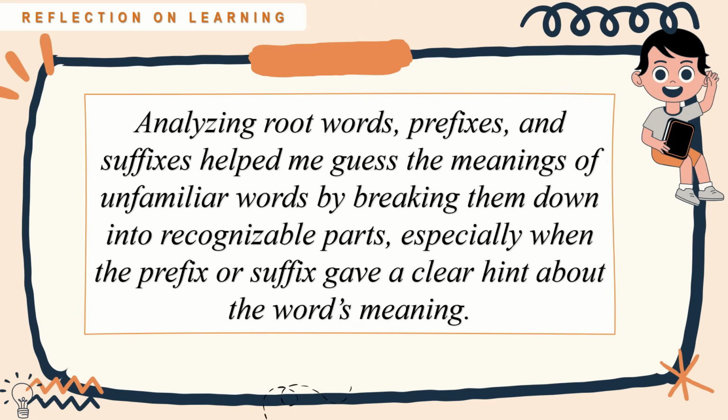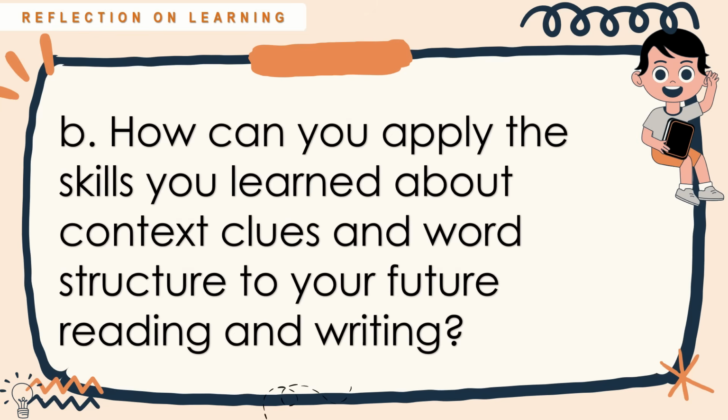Analyzing root words, prefixes, and suffixes helped me guess the meanings of unfamiliar words by breaking them down into recognizable parts, especially when the prefix or suffix gave a clear hint about the word's meaning.